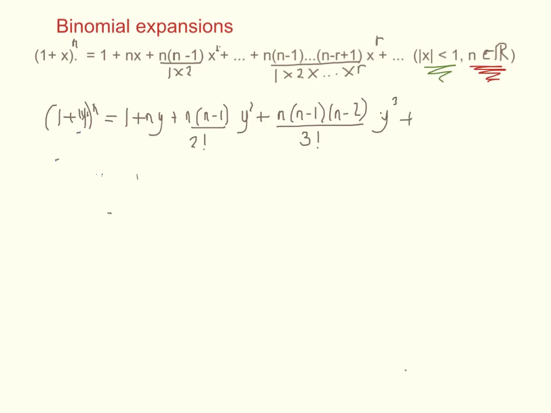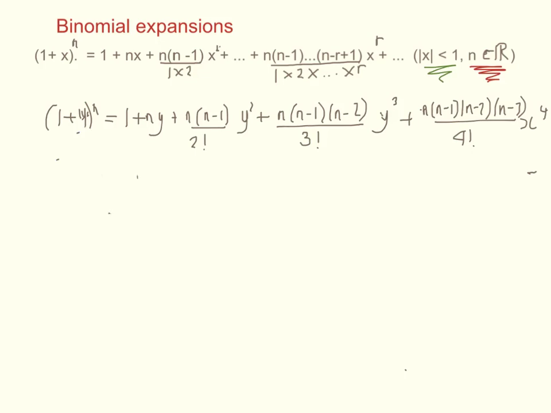Okay, next one. n minus 1, n minus 2, n minus 3 over 4 factorial, and that will be the term in y to the 4. Now, that's enough really, as you'll see when we go to do some examples.